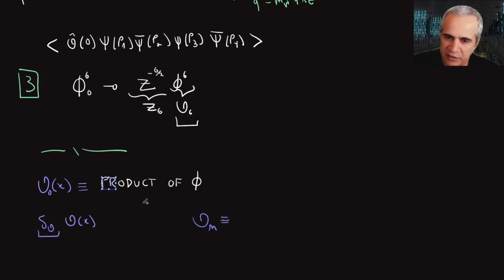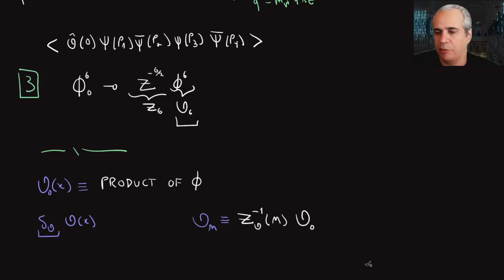This is the definition of this guy, by some field redefinition Z_O times O_0, which again could be just this product of Z's of the fields. And this is a function of the renormalization scale, and it multiplies the bare local operator. So again, I'm doing everything I did for the field itself, but now for this product of fields, because I could be interested directly only in this particular combination of fields. I could be interested in how the conserved current runs, for instance.